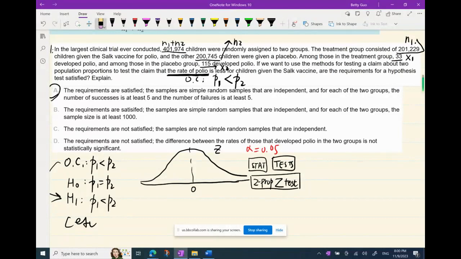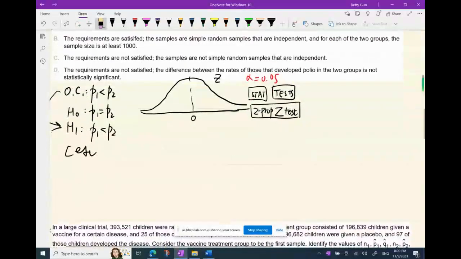So this is standard normal, so Z. Let's select that function, and then you will see those entries that you need to take care of. You will see x1, n1, x2, n2, and so on.